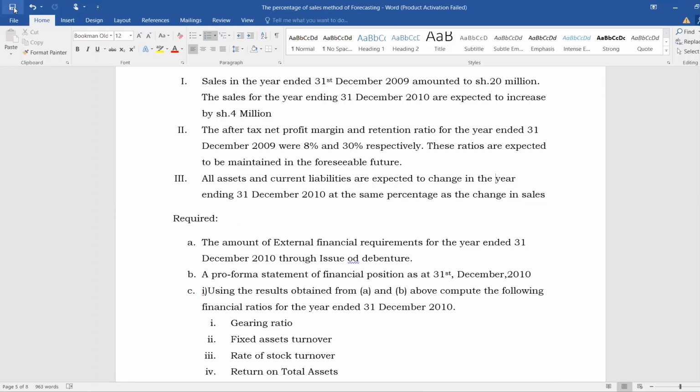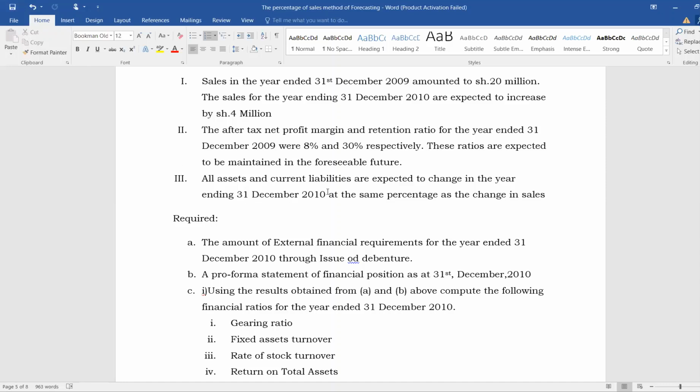Mnakubaliana hiyo kweli? 2010 there is a forecasting, isn't it? Current year is 2009. And this company is forecasting financial requirements for the year 2010. So how can 2010 be a current year? Hapo kuna shida kidogo. Ama nyie muone kuna shida hapo?